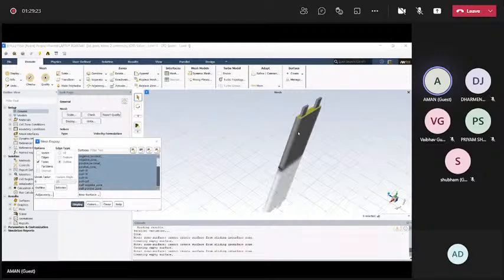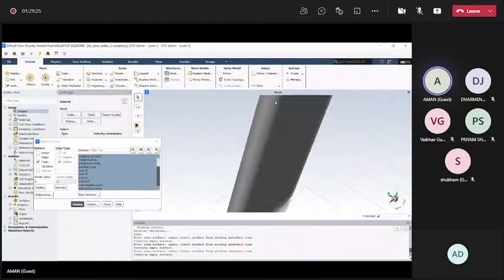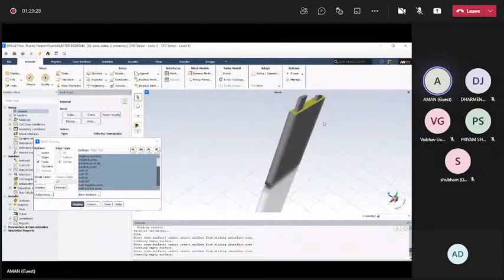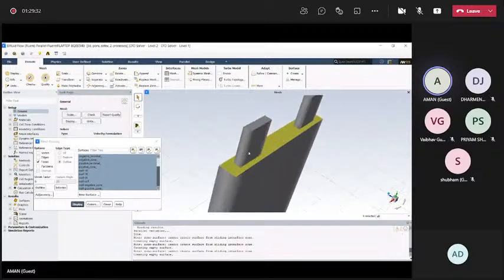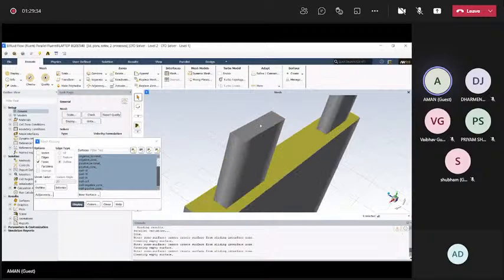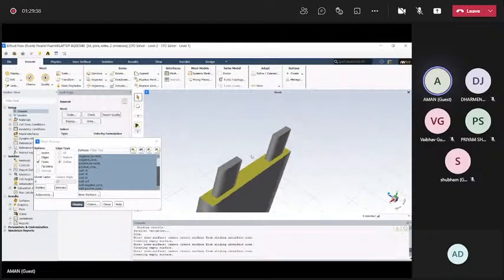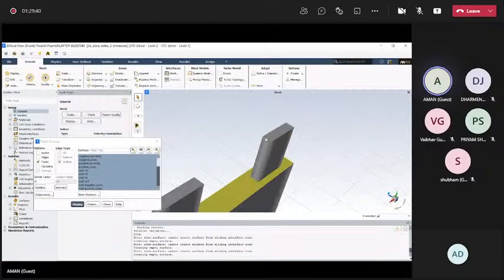Here you can see this is my overall cell body. This is the part which will basically be the separator. Here this is the positive terminal, and this is the whole positive zone. This one is the negative zone. This one is the negative terminal.